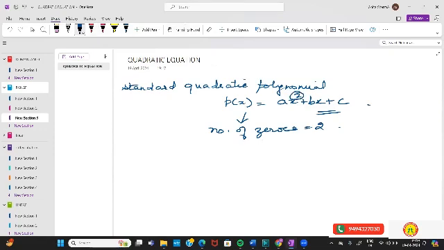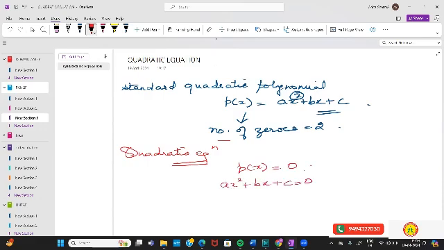So therefore it has 2 zeros, beta. Clear? So when you put your quadratic polynomial p(x) equal to 0, then it becomes a quadratic equation. It means ax square plus bx plus c is equal to 0. This is your standard form of quadratic equation.